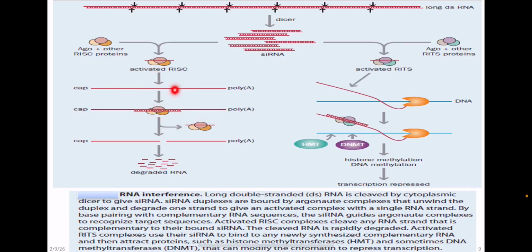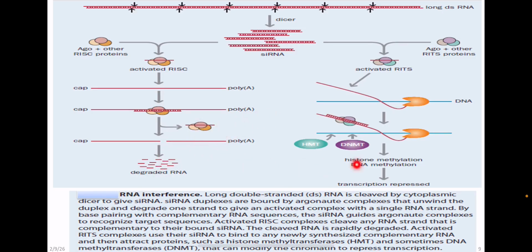So let's say this is the RNA we want to degrade. The siRNA will be complementary to a particular sequence on the RNA. So it helps the activated RISC complex to bind to the RNA so that it can degrade it. After degrading, the activated RISC complex will leave.